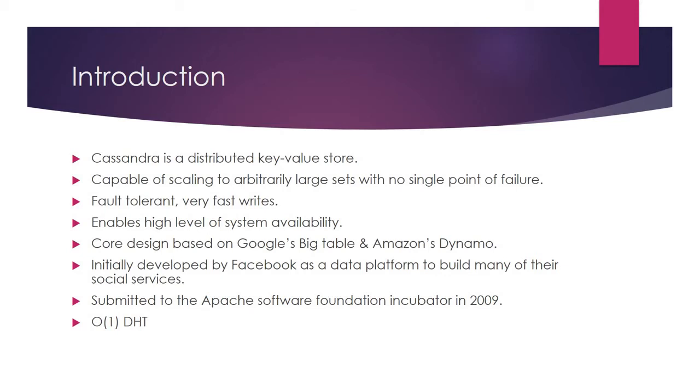Google's Big Table is a consistent model, and Dynamo from Amazon is also a consistent model, but it is client tunable, and these two have introduced some new concepts in database terminology and new techniques, and Cassandra draws these techniques from these two papers.